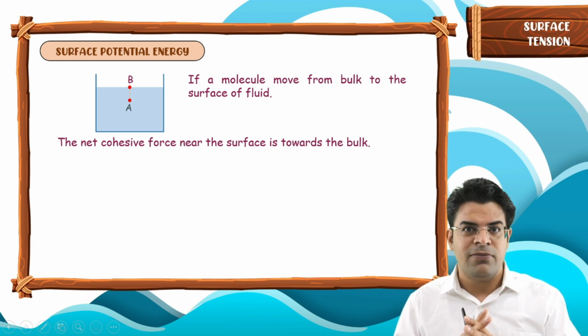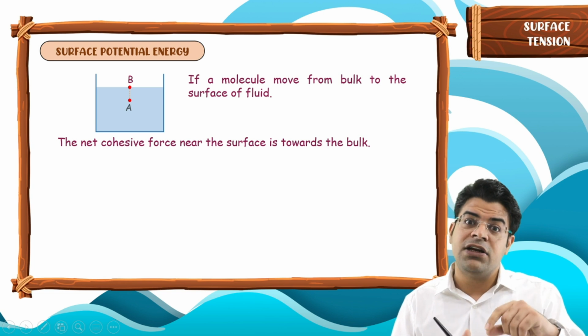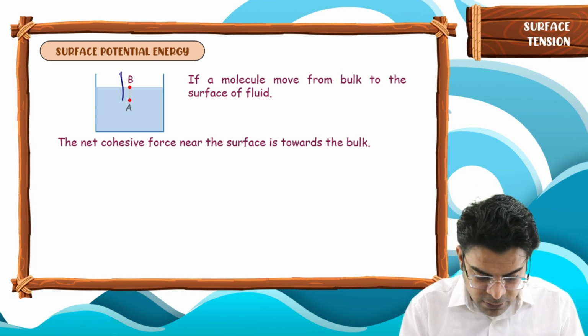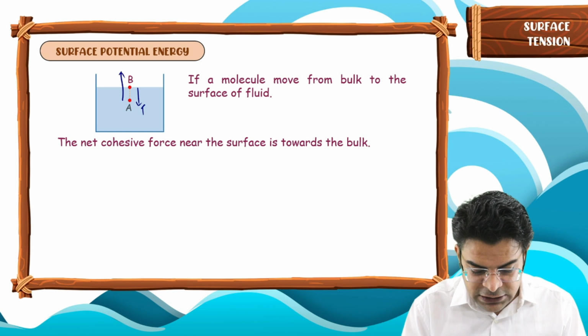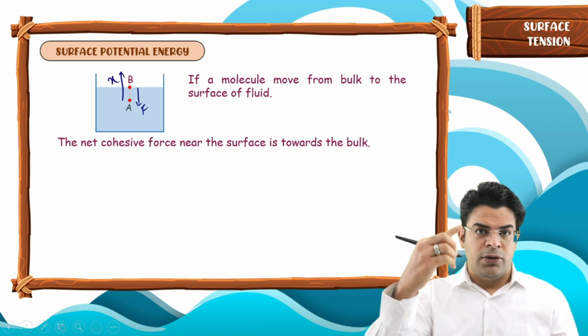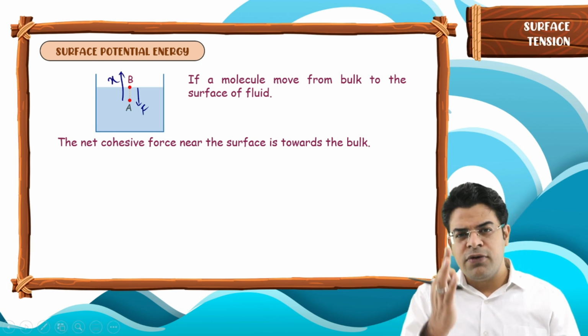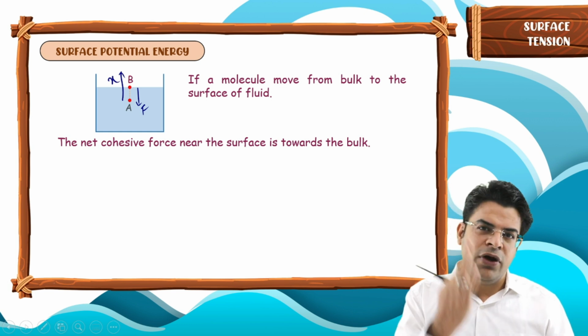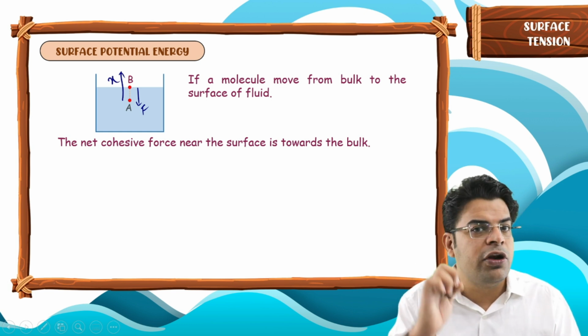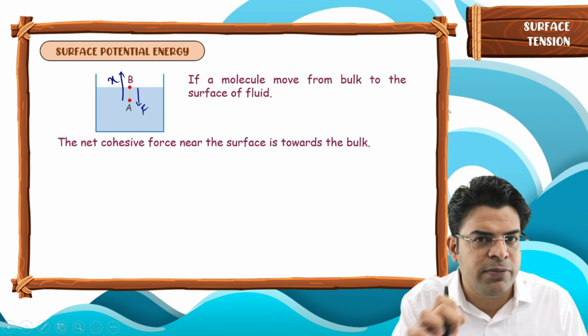Towards the bulk. What is the direction of motion? Away from the bulk. So the force is towards the bulk, displacement is away from the bulk. If I ask you what will be the sign of work done by cohesive force as a fluid molecule moves from bulk to the surface, what will be your answer?